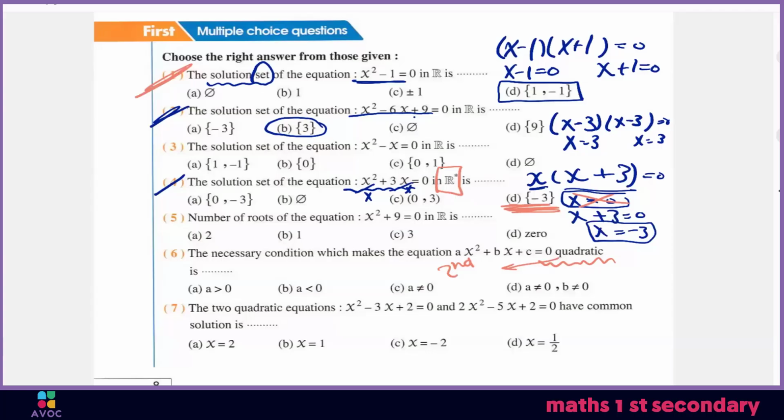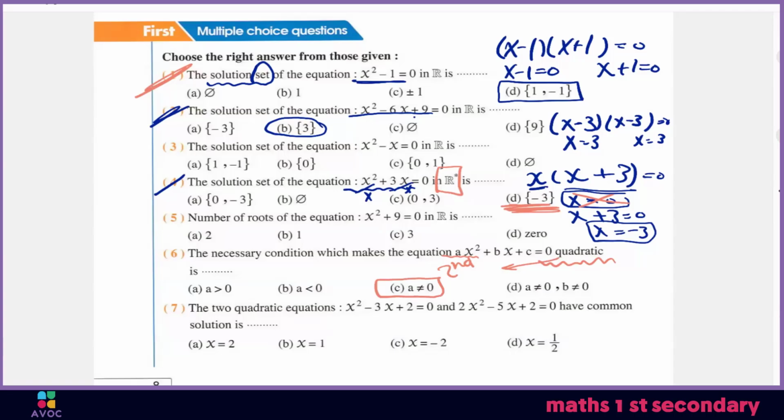So ax power 2 is the necessary part to make this equation quadratic. So to keep this equation quadratic, a can't be equal to 0.